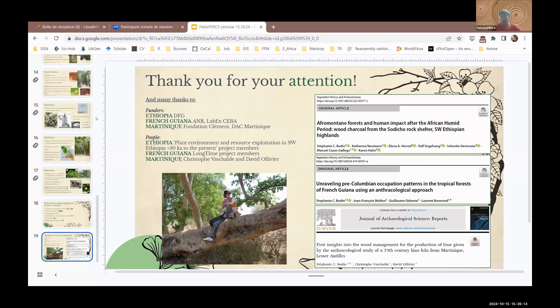The next question: were seeds from fruit trees present in the charcoal obtained in Martinique? If no seeds were present, does this imply anthropogenic activity? Sorry for asking the question formally, it was on the chat, I could have read it. No problem. No, there were no seeds.